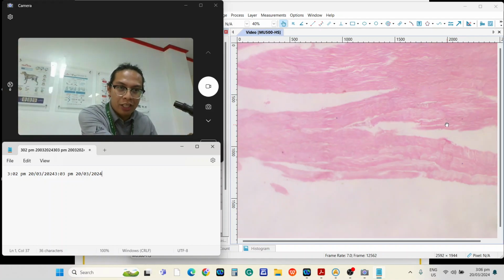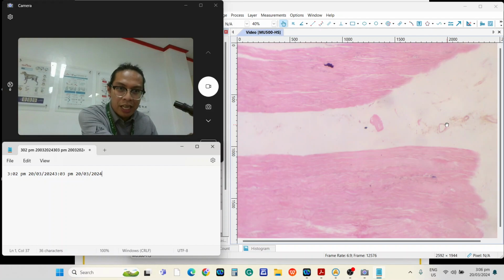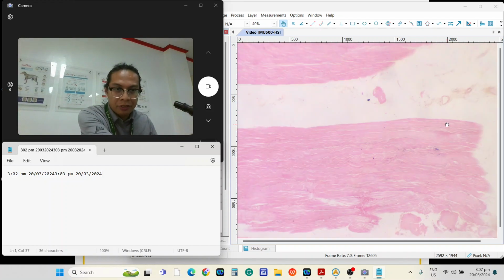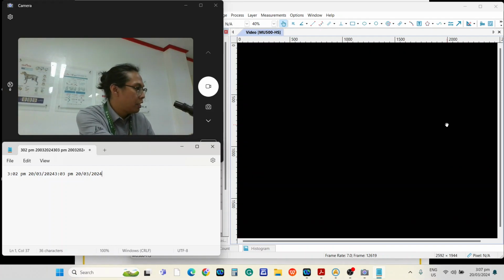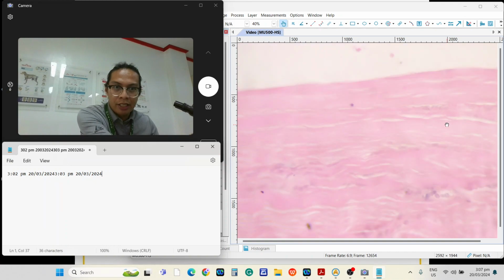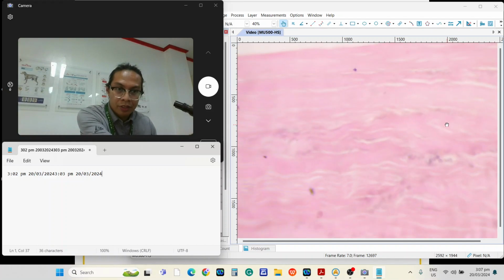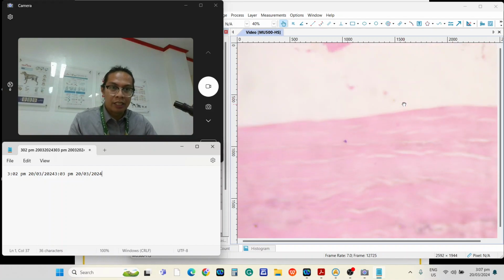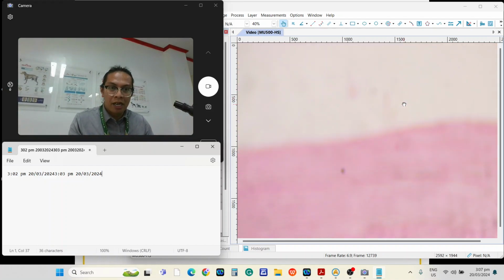It actually functions as a fiber. So this is a very long, an elongated cell. Each of those fibers na nakikita natin ay mga cells.